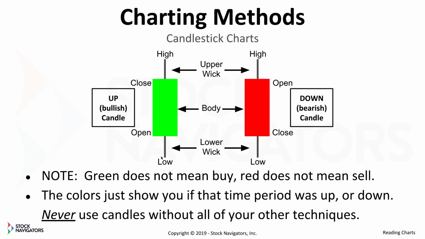Now, the body will change color based on where the open and close price are relative to each other. So again, let's just stick with the daily chart because it's probably the easiest to understand. In this case, since it's green, it means that first thing in the morning, this price opened right here at the bottom of the body. This was the opening price.